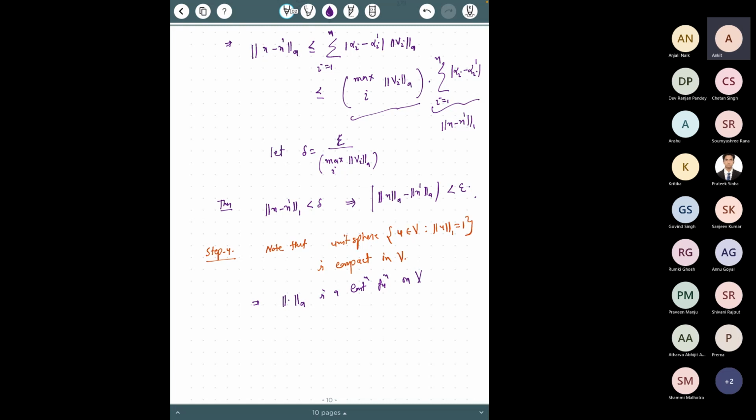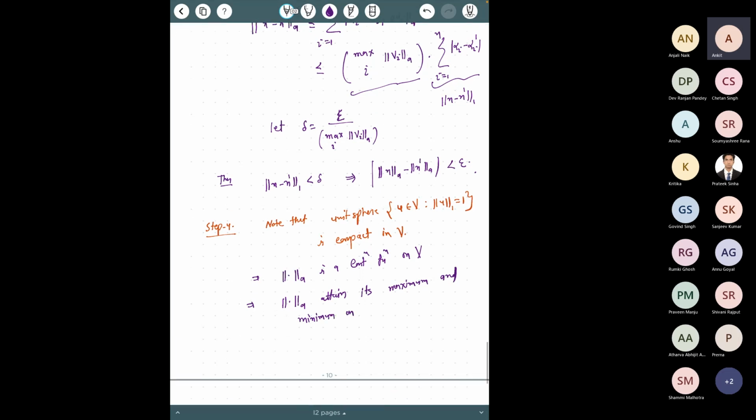And this unit sphere is a compact set. Therefore, by the extremum value theorem, this function attains its maximum and minimum on this set of u such that one norm of u is 1.